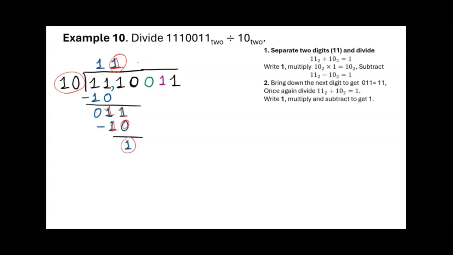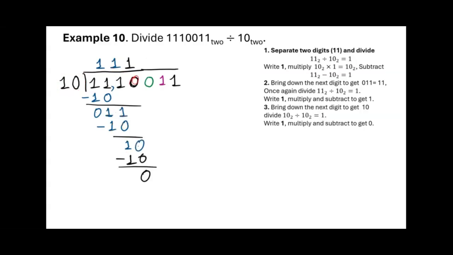Okay, so now you bring down the next digit, which is this 0, and it becomes 1, 0. And 1, 0, since I'm dividing exactly by the same thing, it fits once. And now this time the remainder is going to be 0.